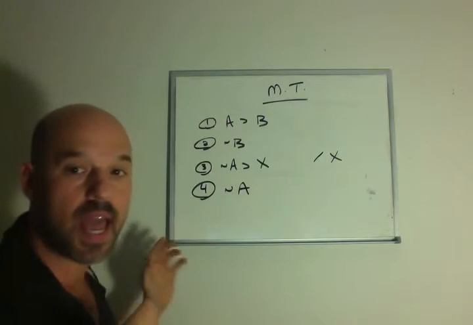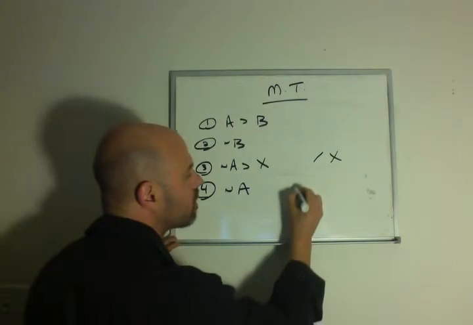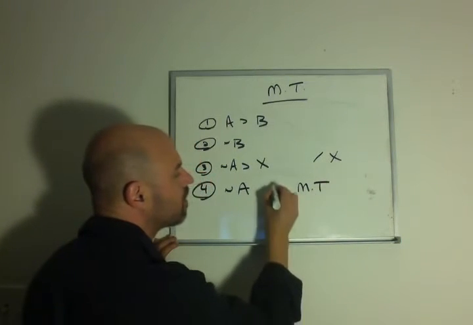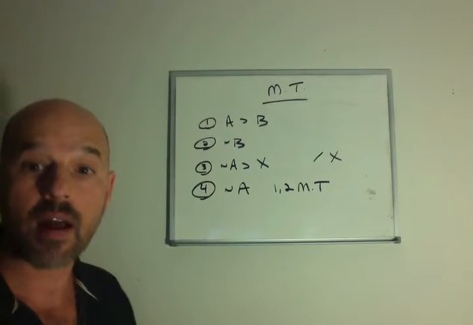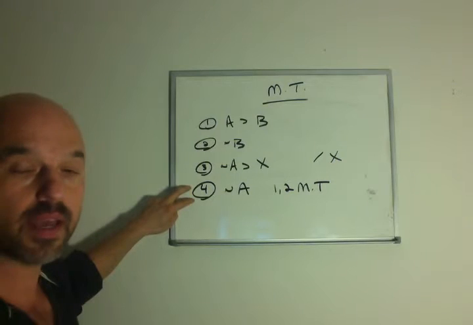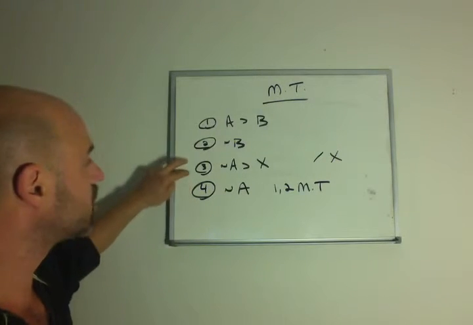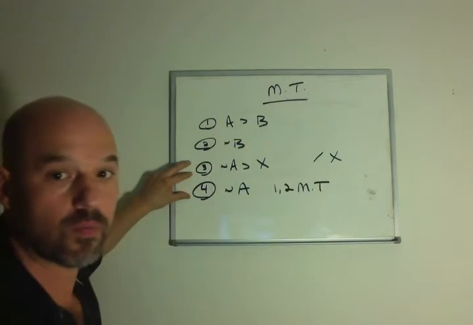We are entitled to add to what we know. Why? Because of our rule called modus tollens, and we're using that rule on lines 1 and 2. Now look at what we can do. We can take information that we just gained, put it together with information we were given, and that's going to get us to our goal.